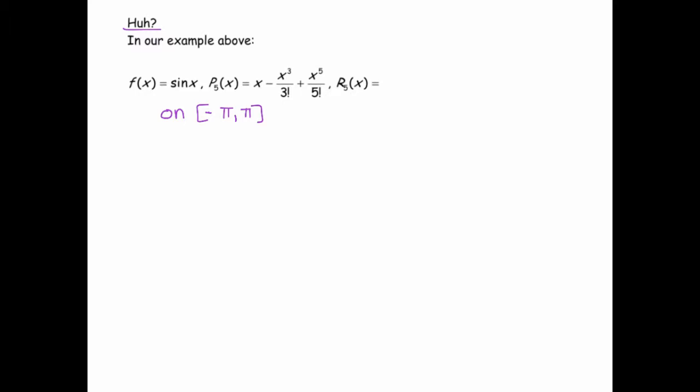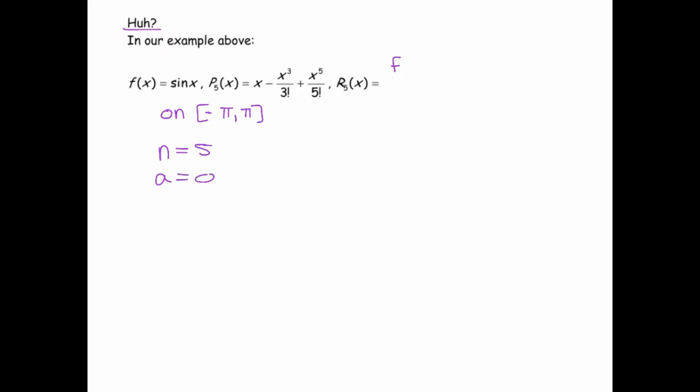So according to Taylor's theorem, we know that the error on this interval will equal exactly the n plus first derivative. Well, n is 5, so here let's just state those things. N is 5. The center of this series is 0.